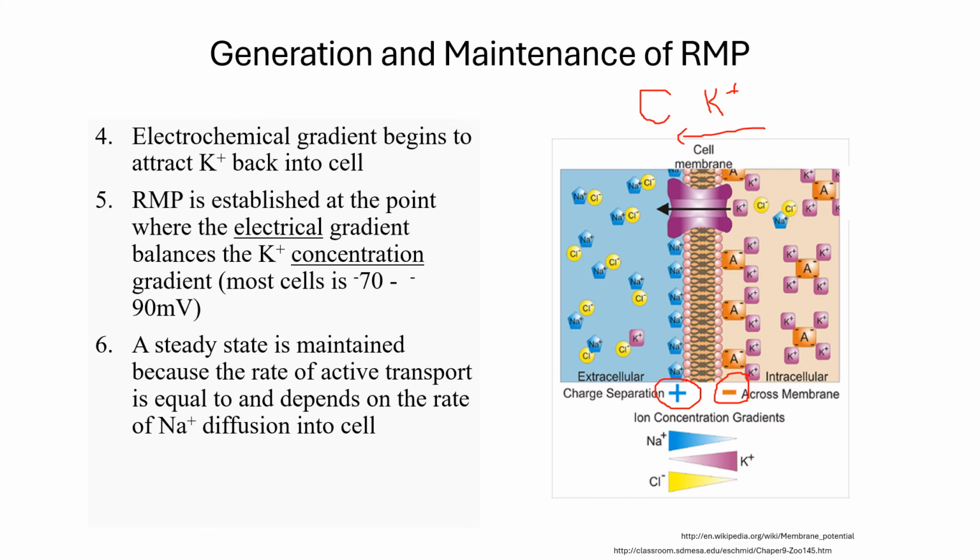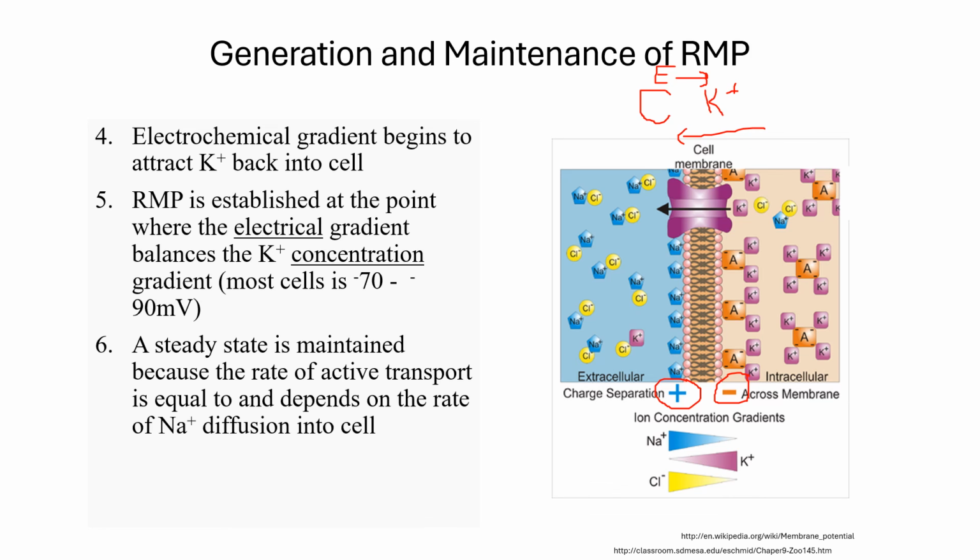But we also have, I should have given myself more room here, an electrical gradient where potassium actually wants to go this way. Why does it want to go this way inside the cell? Because potassium is positively charged, and here's our negatively charged inside.